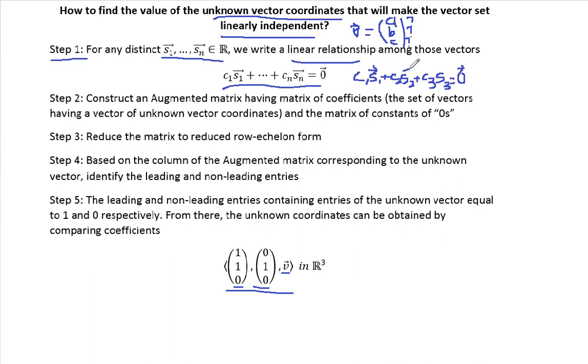So our step 1 is done. Now we can write it in this form.